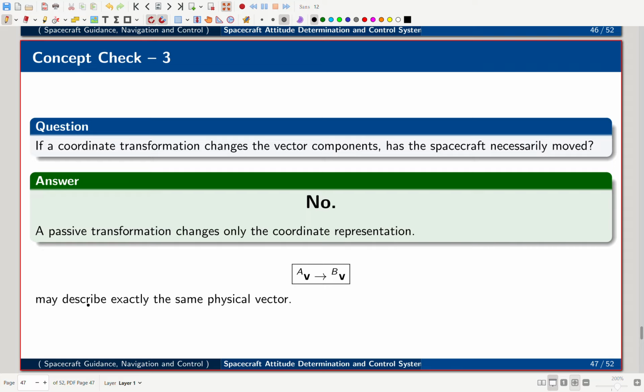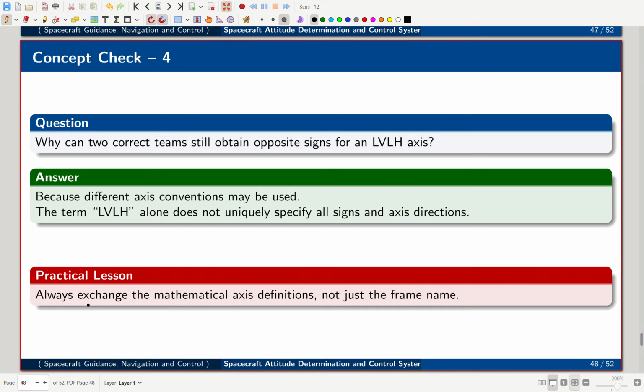If a coordinate transformation changes the vector components, has the spacecraft necessarily moved? No. A passive transformation changes only the coordinate representation, from one frame's coordinates to another's, without any physical change in orientation. Both describe exactly the same physical vector.